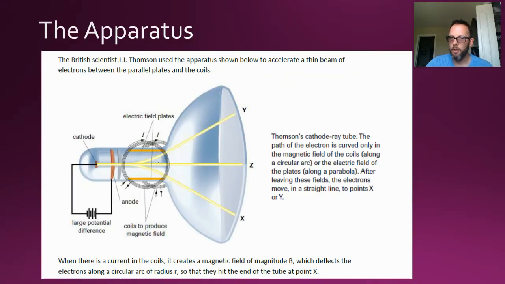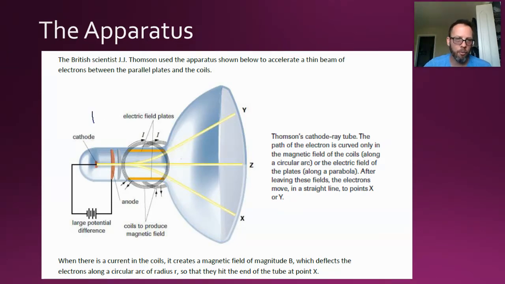And so this apparatus has two things: parallel plates to make an electric field and a coil to make a magnetic field. So at any time, by turning on a switch, you can have just an electric field or just a magnetic field, or you can have both at the same time. So that's the idea behind this apparatus.